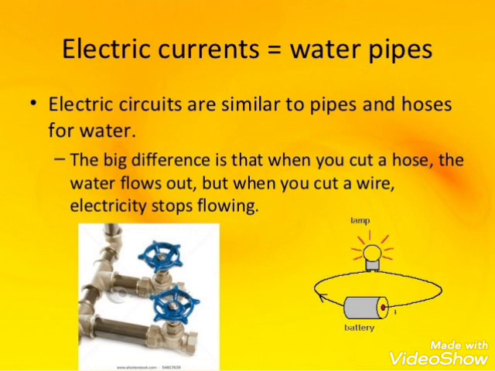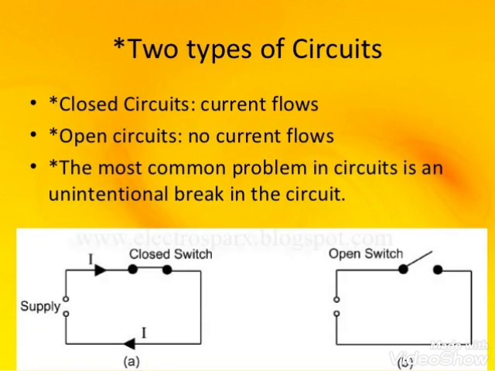The difference is that when you cut a hose, the water flows out, but when you cut a wire, electricity stops flowing. When we cut any water pipe, the water starts flowing outside, but electricity doesn't. Electricity will stop, the equipment will stop working. When we cut the wire in between, the electricity will not flow and the appliance will not work.